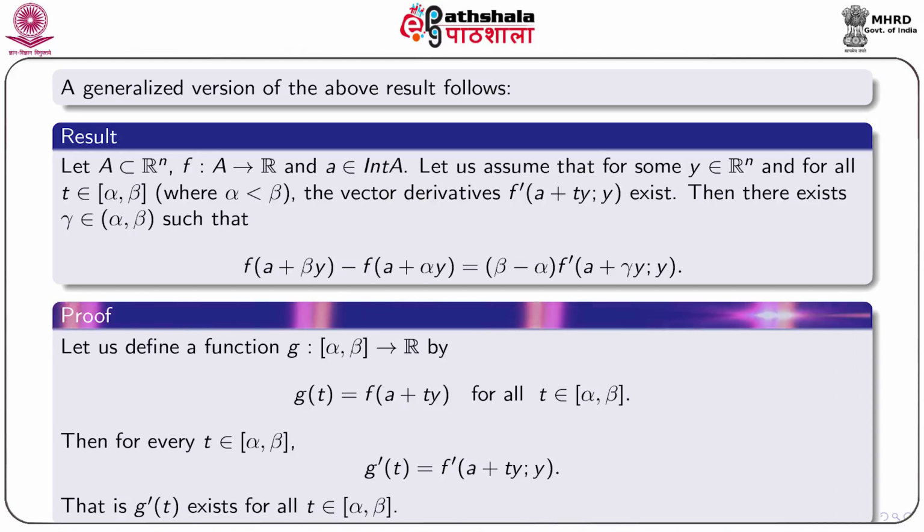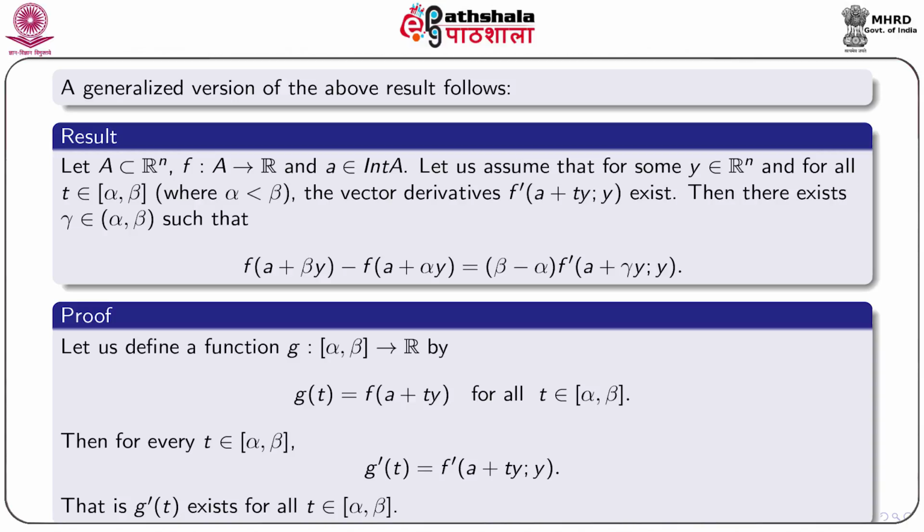Let us give the proof. We define a function g from closed interval alpha beta to R by g t equal to f of a plus t y for each t in the closed interval alpha beta. So, g takes some t from alpha beta first to the vector a plus t y, which is a member in the set A, and then f takes it to R. So, g is well defined and it is real valued.